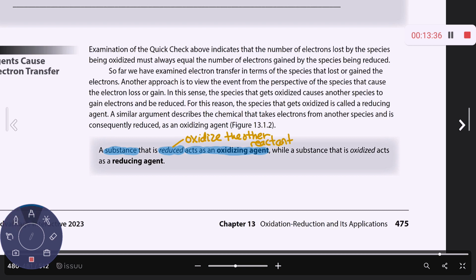Okay? And then whatever is oxidized acts as a reducing agent, which means whatever is oxidized will reduce the other reactant. And let me show you how to label that. Go ahead and turn to the next page, which is the last page.